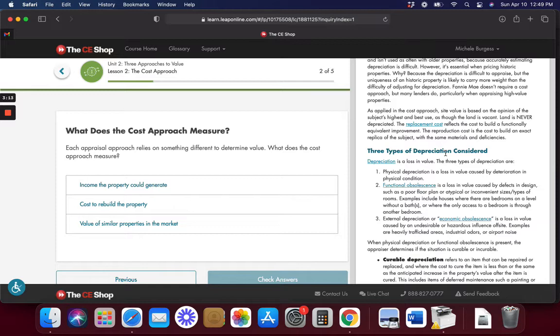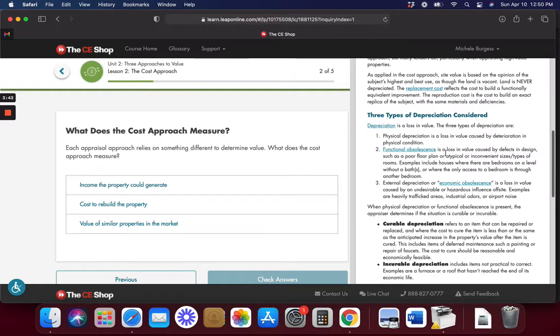There are 3 types of depreciation considered. There is physical depreciation. There is functional obsolescence: defects in the design, the floor plan, for example bedrooms on a level where there's no bath. There's external depreciation, or economic obsolescence, where it's caused by an undesirable or hazardous influence: heavily trafficked areas, industrial odors, a poor area with a lot of crime, airport noise.